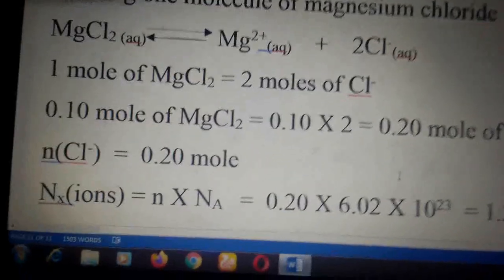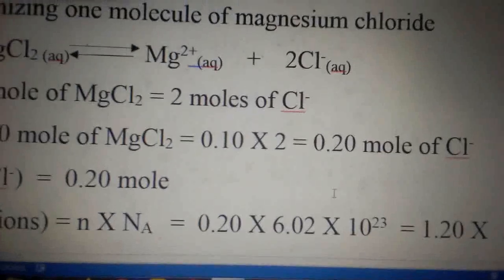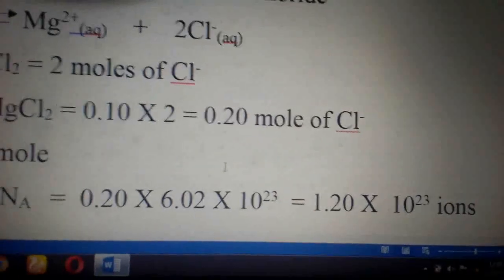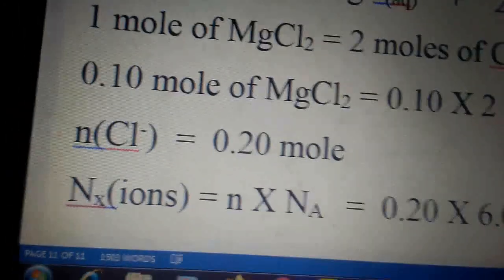It was calculated before, the moles of the substance present. So 0.10 mole of MgCl2 gives us 0.10 times 2, by proportion, of chloride. That gives us 0.20 mole of chloride ions. So the number of moles of chloride ion is 0.20 mole.